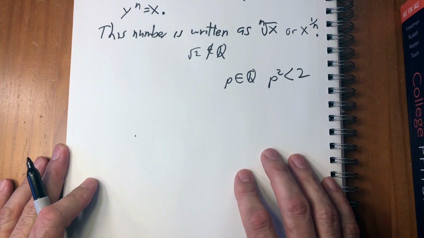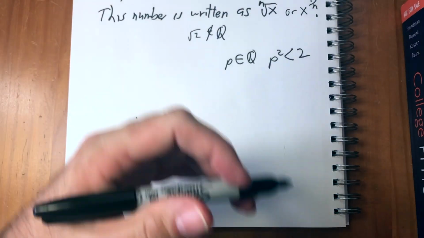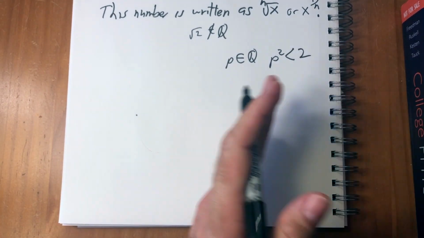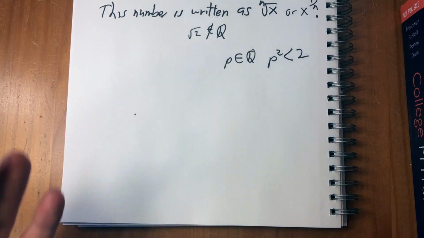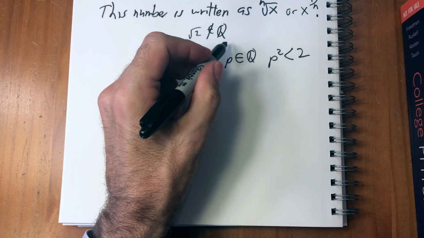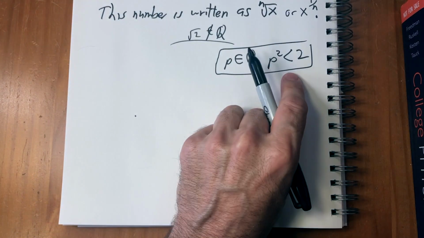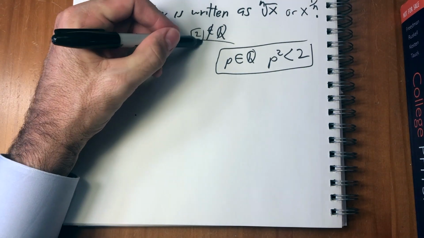So we defined a set that has a least upper bound property, which means that every set that's bounded from above has a least upper bound. And what we've been looking at is the implications of that. But what's really interesting is that we have not actually solved the problem, because we've said that this set has a least upper bound, but we haven't said what it is. We haven't said what is the square root of 2.